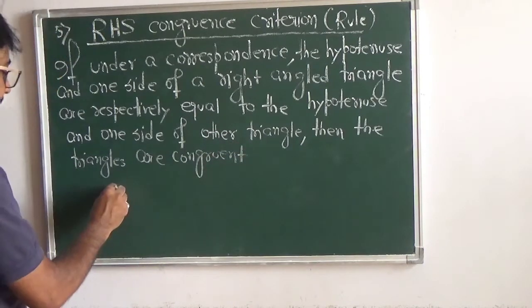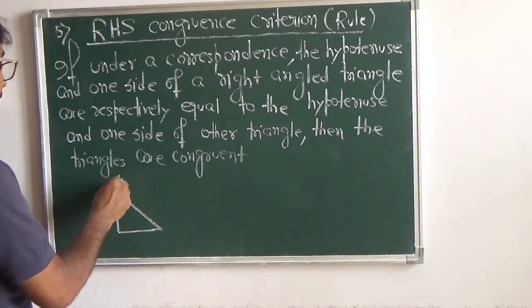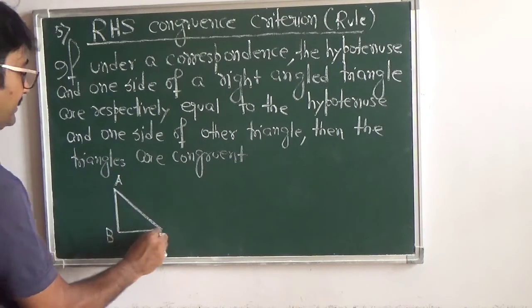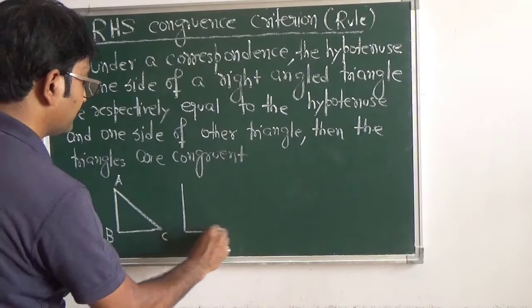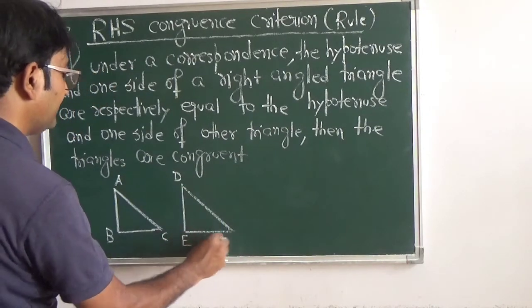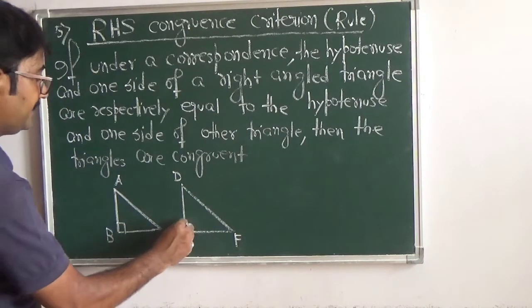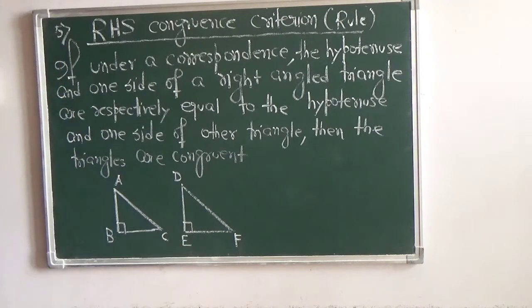So let us take two right angle triangles, ABC and DEF. In these two triangles, angle B and angle E are right angles, each equal to 90 degrees.